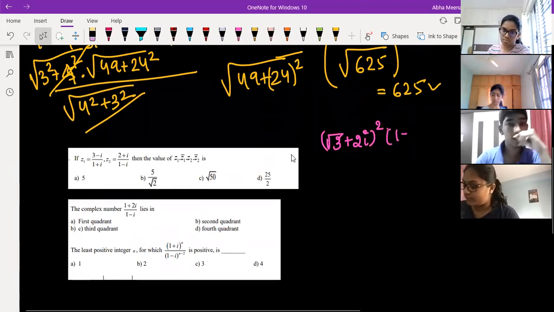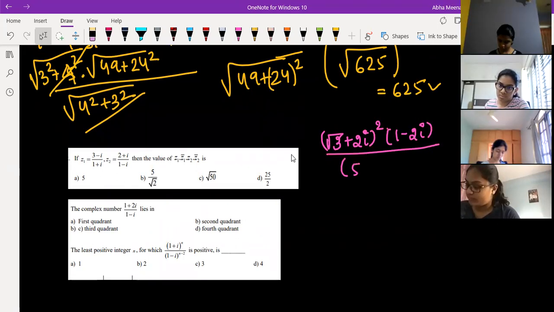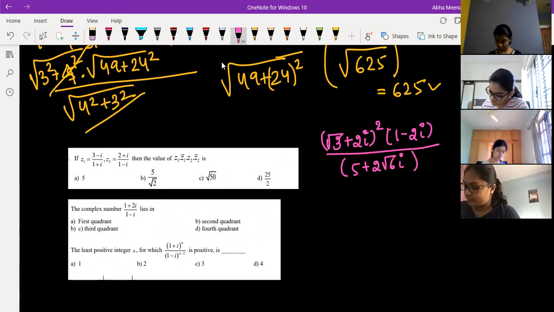Very good. 1 minus 2i divided by 5 plus 2 root 6i. So the modulus of this is asked in the question, right?